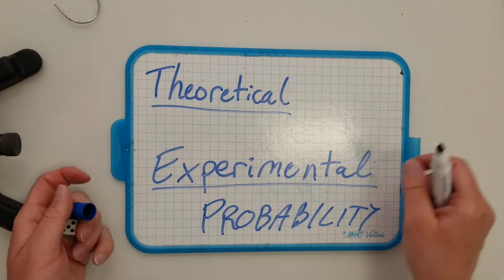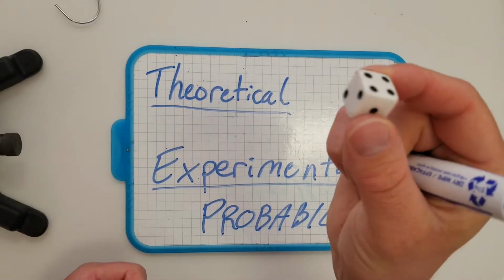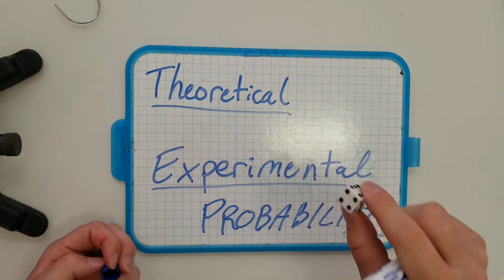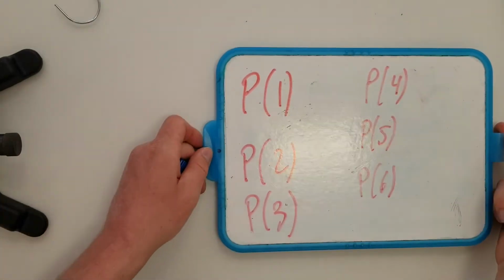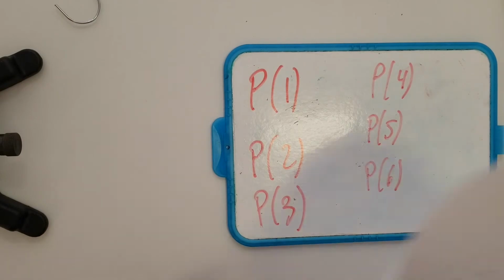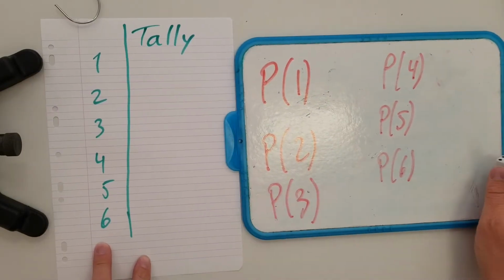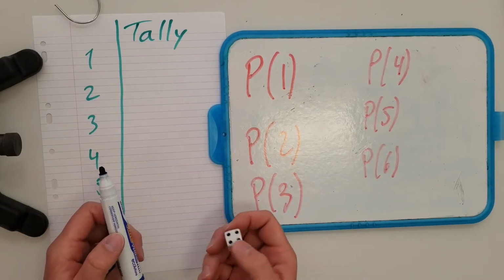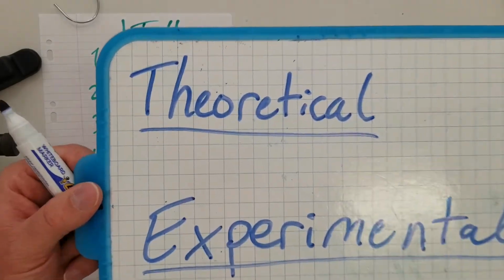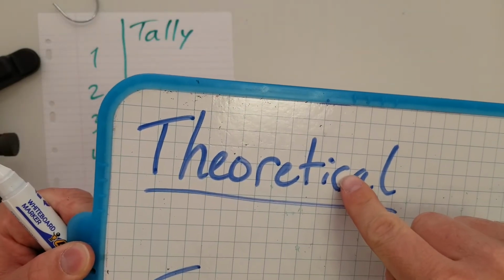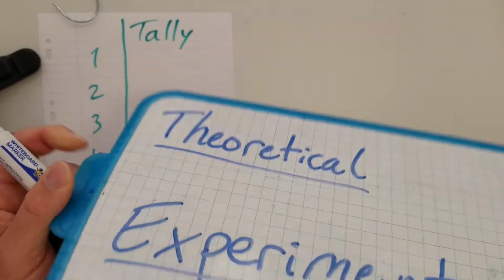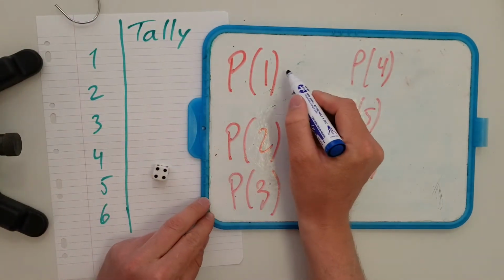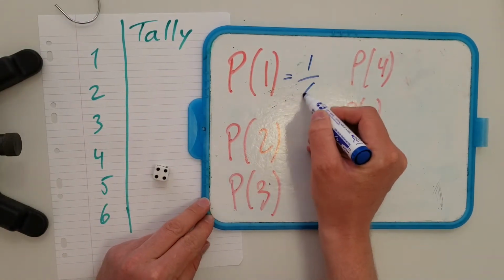Okay, so I've got a dice or a die here. It's got 6 sides, and we're going to roll the dice a bunch and keep track of what we get. Okay, so I'm actually only going to roll it 6 times. So we would imagine that our theoretical probability, if I roll this 6 times, the probability of me getting a 1 is going to be 1 out of 6.